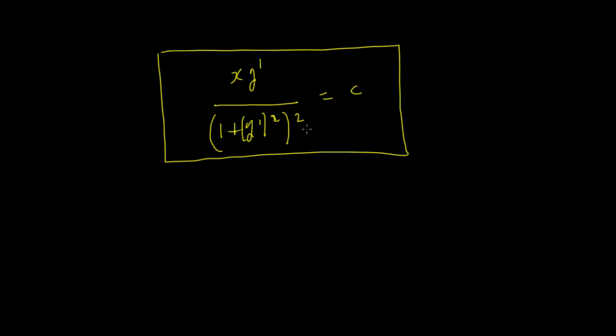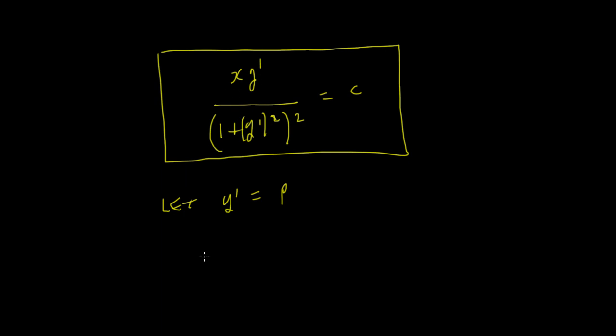Now what we do is we let y derivative equal some value p, and we'll leave that constant there as just a c. So we put a p in here, and then we'll rearrange for x.